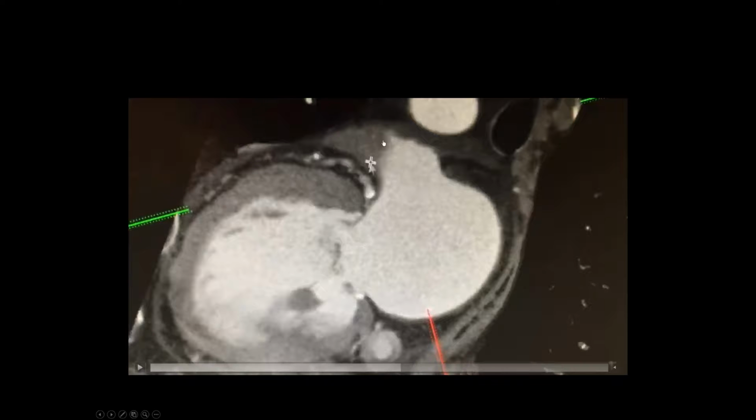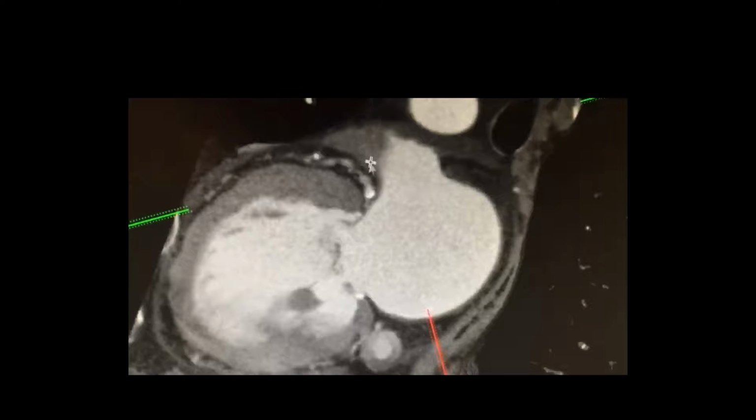Whenever you see a CTA and you see a vague defect in the appendage, as you can see here, a left atrial appendage, you're never really quite sure 100% whether that's just poor mixing, because sometimes when you get a contrast, you get this big left atrium, and the contrast has a little difficult time completely mixing at the tip of the appendage, and you're not sure if this is just poor mixing, which is stagnant red blood cells that have not been filled with contrast, versus a true thrombus.